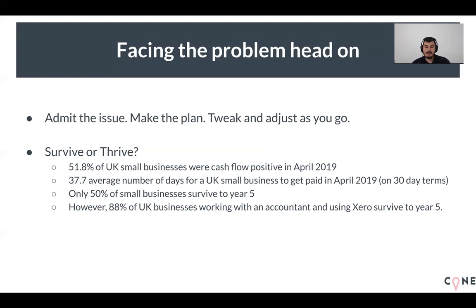Now, one stat that Xero did, which is of benefit to them, obviously, but I'd like to think that they're being honest with their stats: 88% of businesses that work with an accountant and use Xero make it to year 5. So it's a huge increase. Obviously, there's still 12% there that even with an accountant, even with Xero, it just doesn't work.